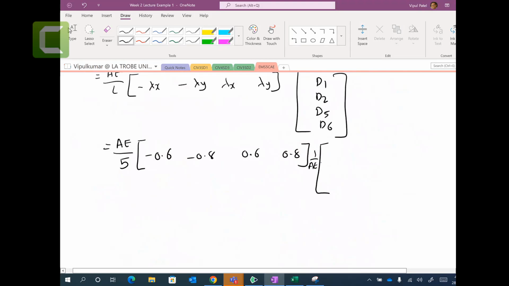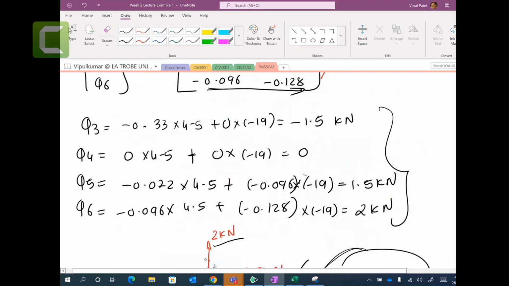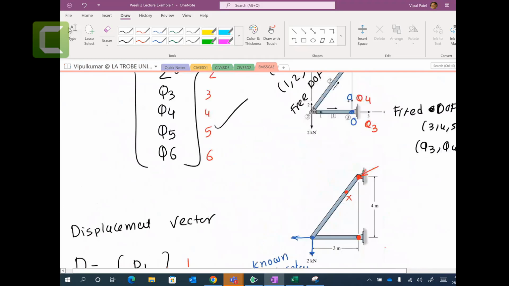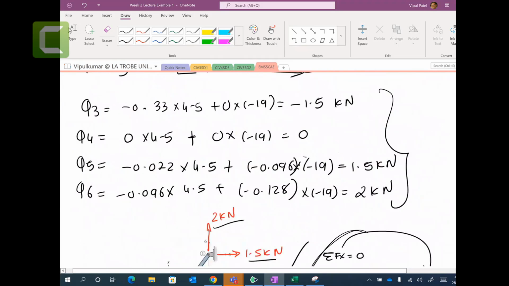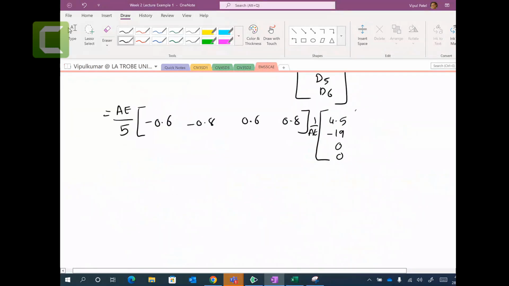1 over AE, 4.5, minus 19. D5, D6. If you remember, D5 is 0, D6 is 0 because it's at support. So let me put that 0, 0.